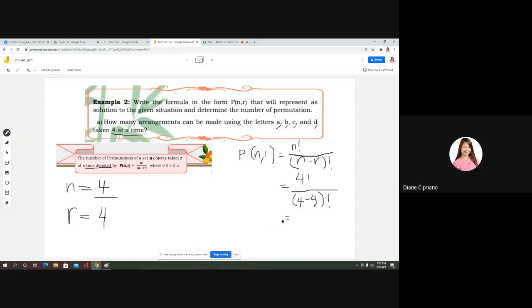What is 4 factorial? 4 factorial is equal to 4 times 3 times 2 times 1. 4 times 3 is 12, 12 times 2 is 24. And 4 minus 4 is 0 factorial, and 0 factorial is equal to 1. Therefore, our possible arrangement is 24 arrangements.